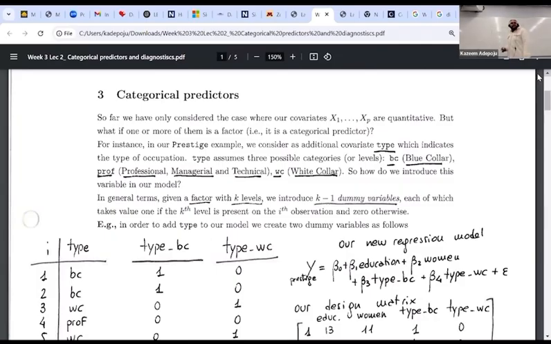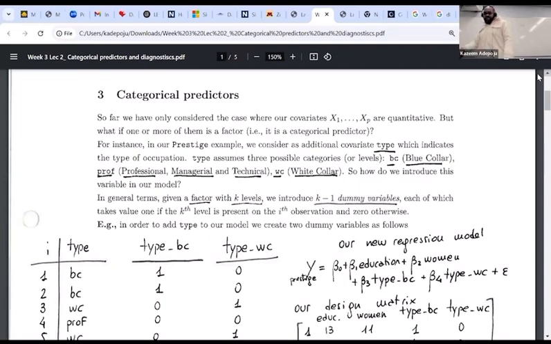Singular means its determinant will be 0. If the determinant is 0, then I will not be able to find the inverse. If I'm not able to find the inverse, I will not be able to estimate the parameters in my linear regression model, and there's no way I'm going to achieve my objective. Does that make sense?